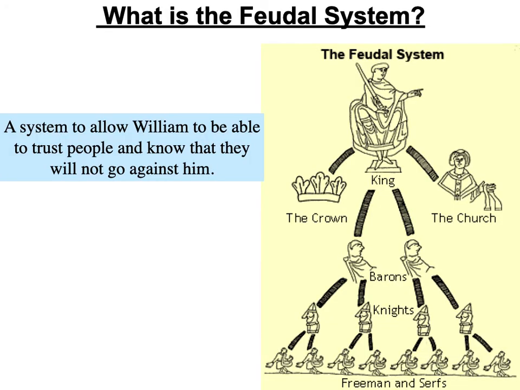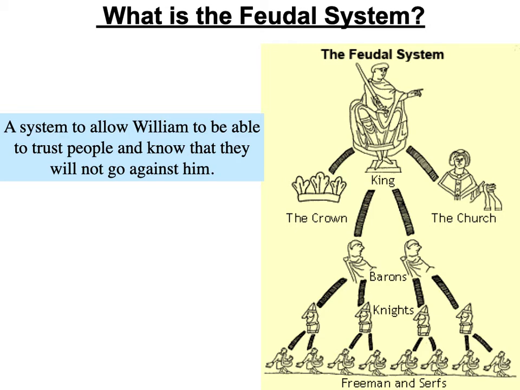So let's start by looking at this beautiful diagram here. Now, the key thing to remember with the feudal system is a triangle. It's a triangle of power. We have the king at the top, and the king basically divided England out to his barons. Now, these were people that he brought with him from France.